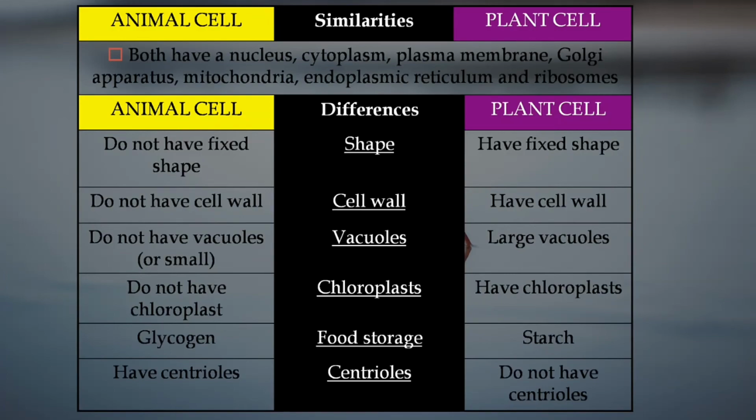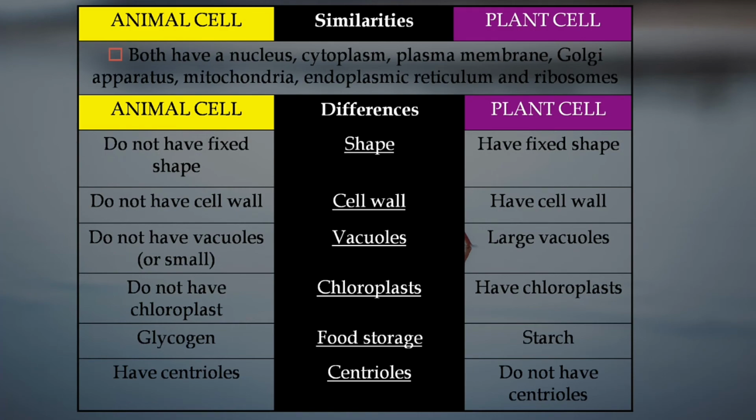Then what are the similarities between plant cells and animal cells? What do they have in common? Both plant cells and animal cells have a nucleus. Both of them have cytoplasm. Both of them have plasma membrane. Both of them have Golgi apparatus. Both of them have mitochondria.